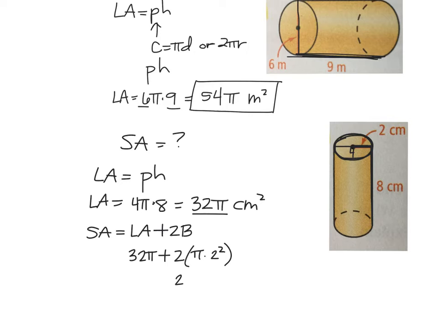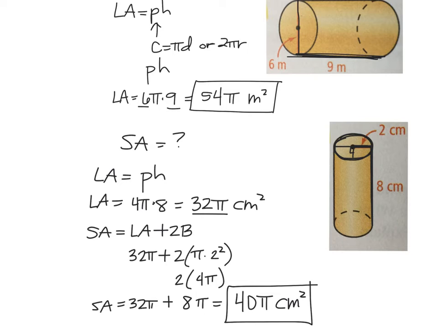So it's 2 times 4 pi, or 8 pi, that we're going to add to that 32 pi. So that means my surface area is going to be 32 pi plus 8 pi, or 40 pi square centimeters. Okay, so that's number 17.